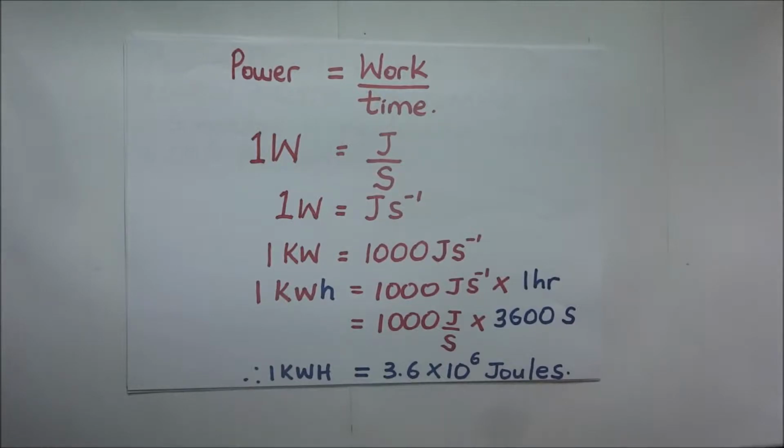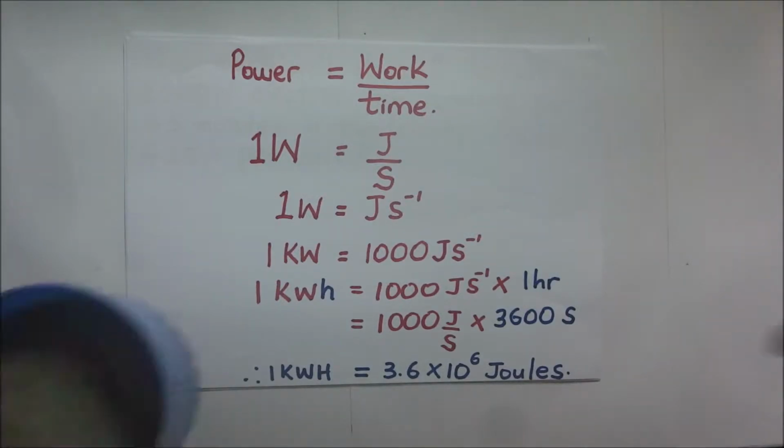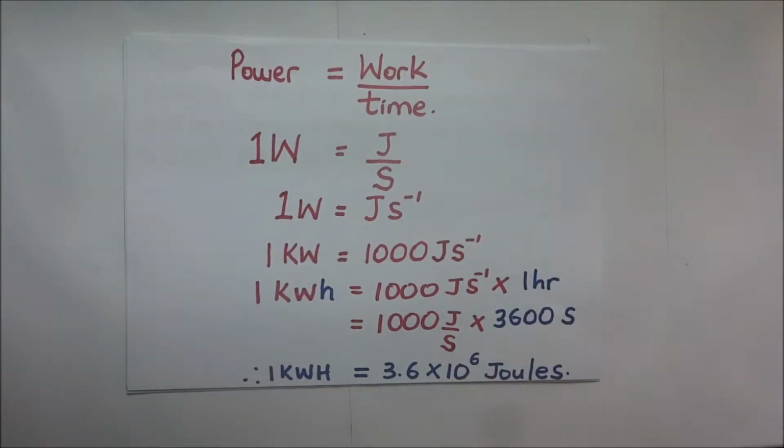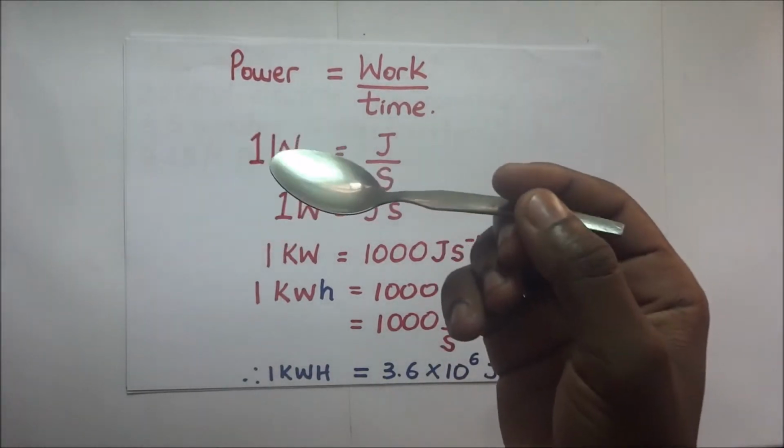We know that when electricity is flowing, energy is dissipated, and the rate of this dissipation of energy is what we are calling the watt. So now, just like this illustration I've used, when the utility companies are billing electricity, they can bill it in terms of watts, and billing it in terms of watts could be equivalent to billing electricity using this spoon.